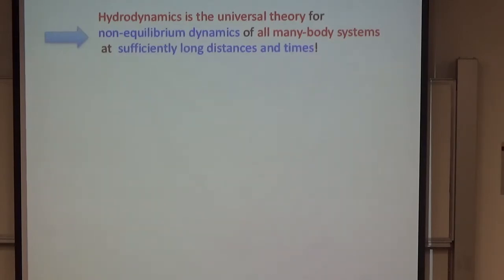So this tells you that hydrodynamics is the universal theory for non-equilibrium dynamics of all many-body systems at sufficiently long distances and times. When all the short distance physics are washed out, these are the only things relevant. So hydrodynamics is the universal effective theory.